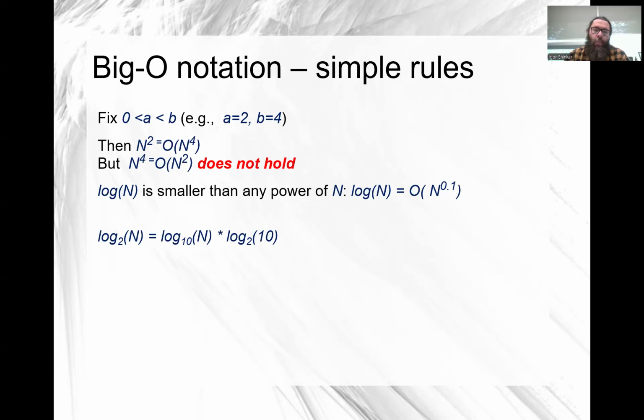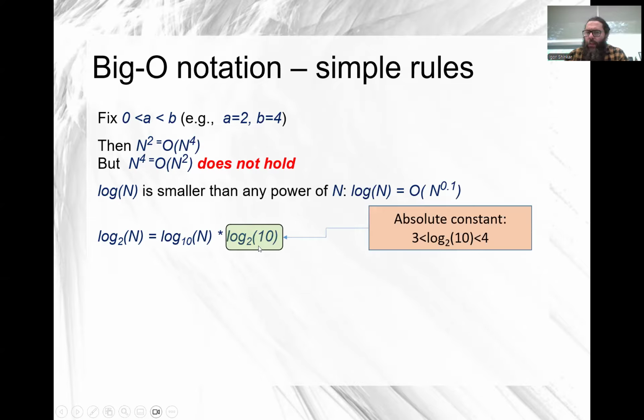Another important rule is this rule of logarithms. If you look at log base 2 of n and log base 10 of n, they are off from each other by this exact factor. And what's this? Well, you can go check what it is, but it's some number between 3 and 4. If instead of 10 it was an 8, we would have 3.